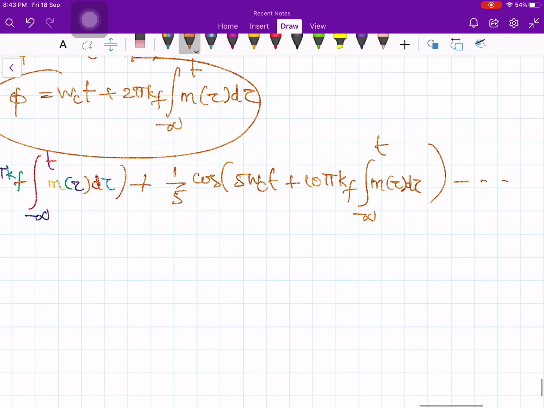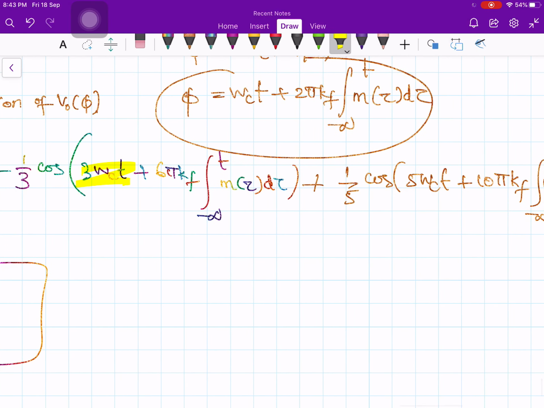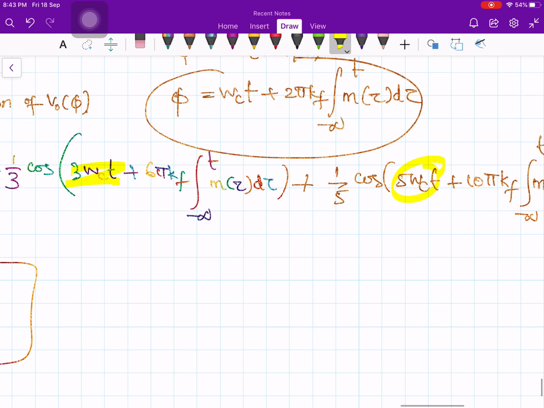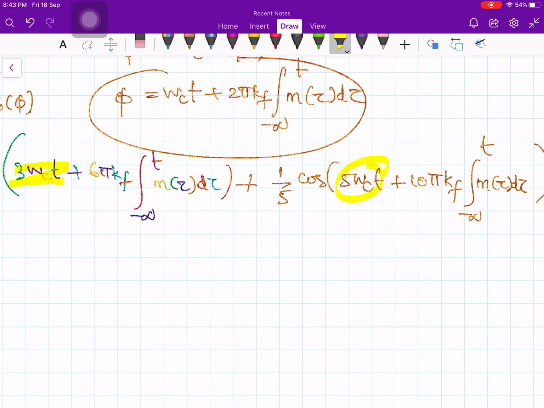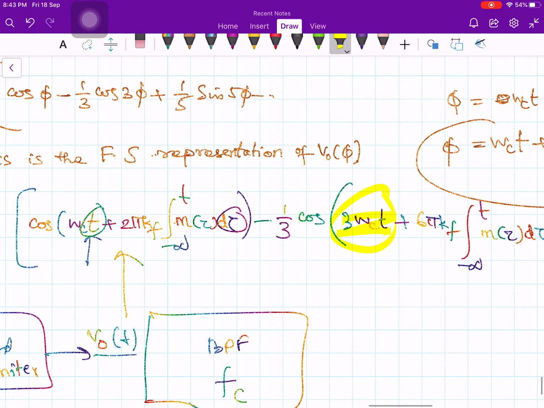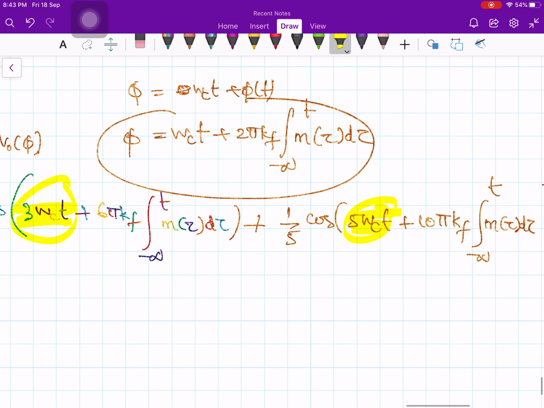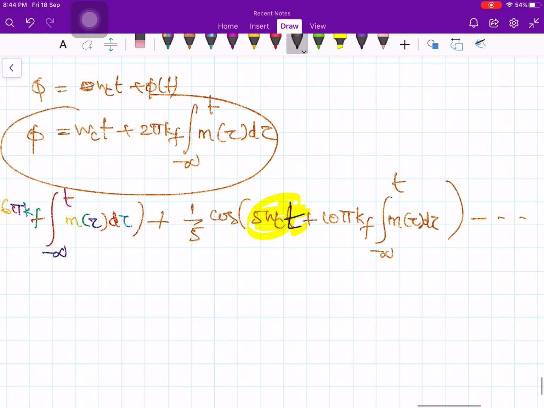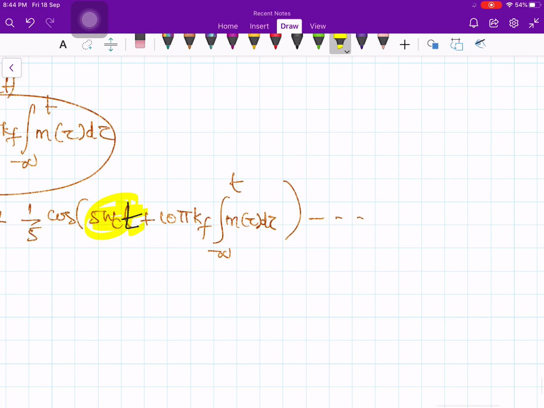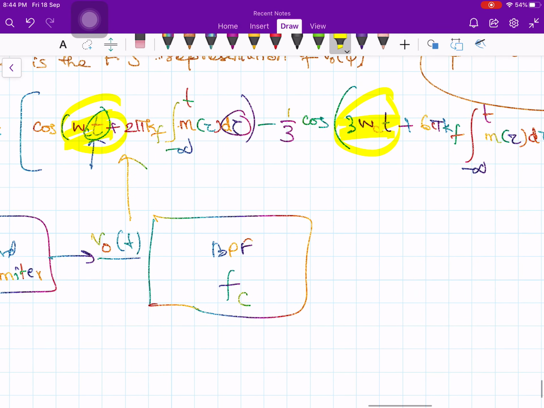So you have omega ct, 3 omega ct, 5 omega ct, and it keeps on going. Now all these frequencies are given to your band pass filter, which is tuned to fc.